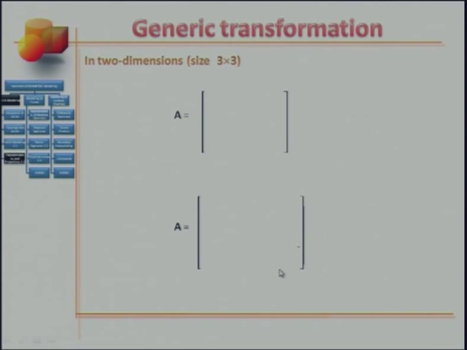In general, two-dimensional transformation matrices are of size 3 by 3, and those in 3 dimensions are of size 4 by 4. It is possible for us to subdivide both these transformation matrices into 4 different sub-matrices.